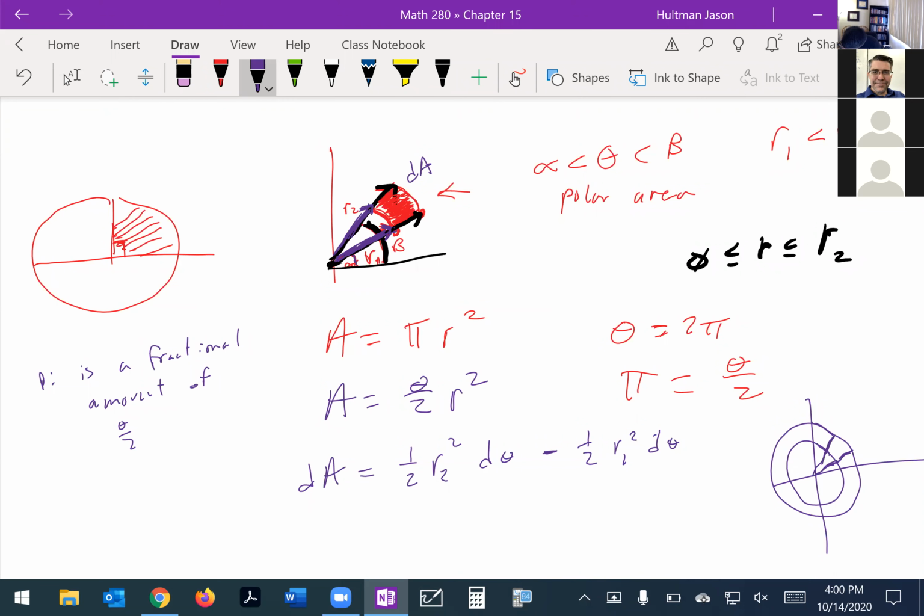We're sweeping out this area in a counterclockwise direction, whoosh, like so. And how do we get that? Well, we can sweep out the outside area and subtract the inside area. The outside minus the inside is going to erase that.